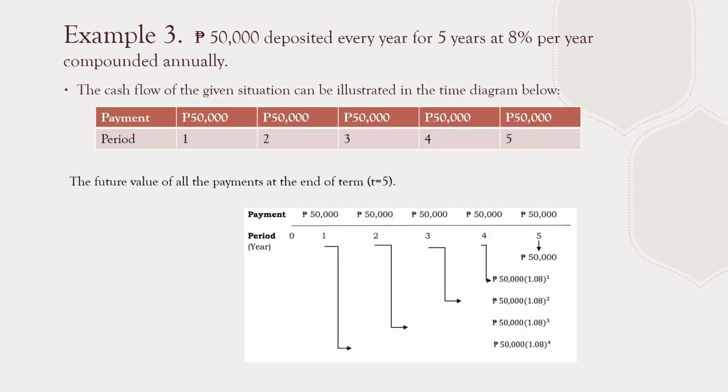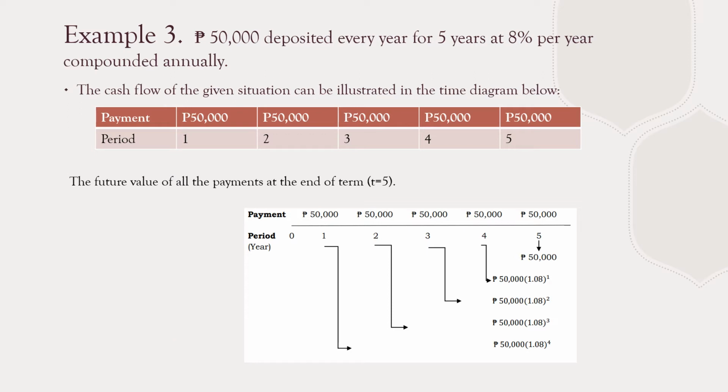So, let's have this given example. 50,000 is deposited every year for 5 years at 8% compounded annually. The cash flow of the given situation can be illustrated in the time diagram below. Here we have the payments, and here the periods.